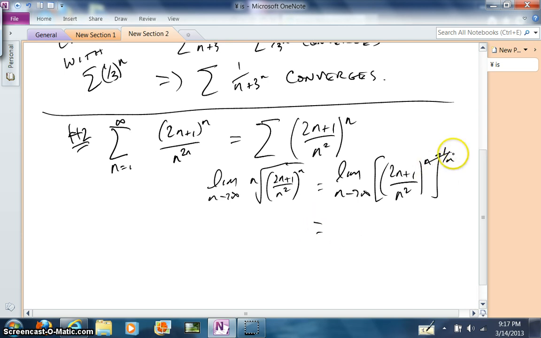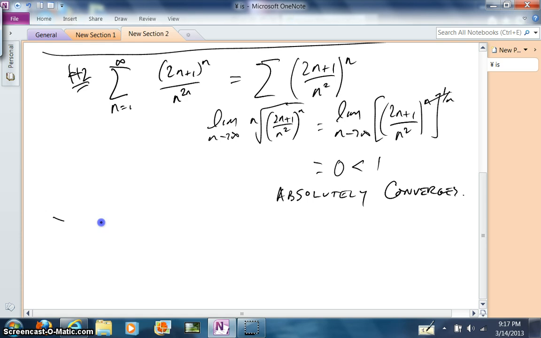Now those are gone, and I can take this limit, which is 0, and the root test says that if that limit is less than 1, then it absolutely converges. The issue of absolute convergence wasn't really even necessary here. Everything's positive anyway. So, let's move on.